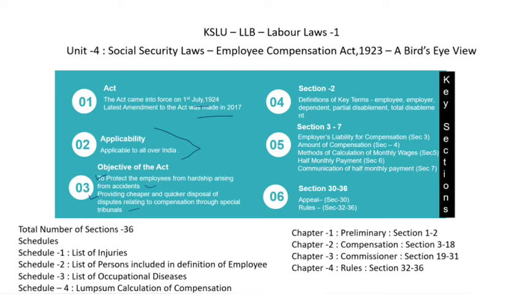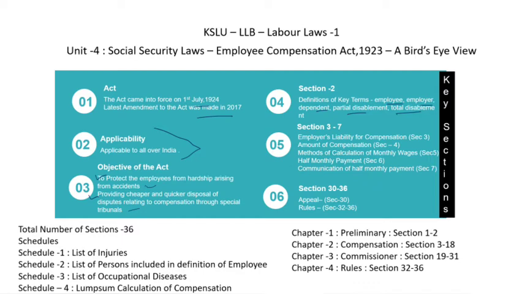And on the right side we can see key sections which are important from the examination perspective. Section 2 deals with, as usual, the definitions of key terms like employee, employer, dependent, partial disablement, total disablement, etc. And Sections 3 to 7 deal with the compensation calculation of an employee.